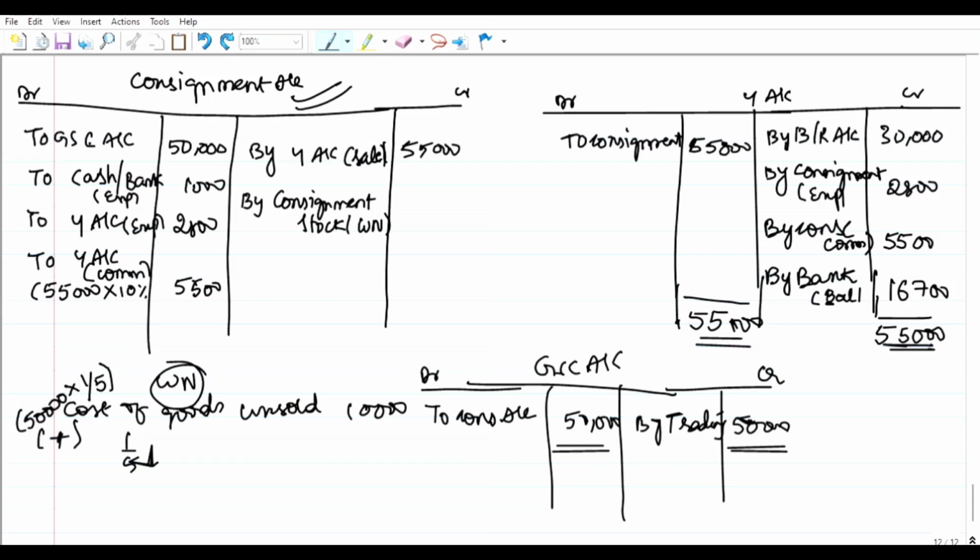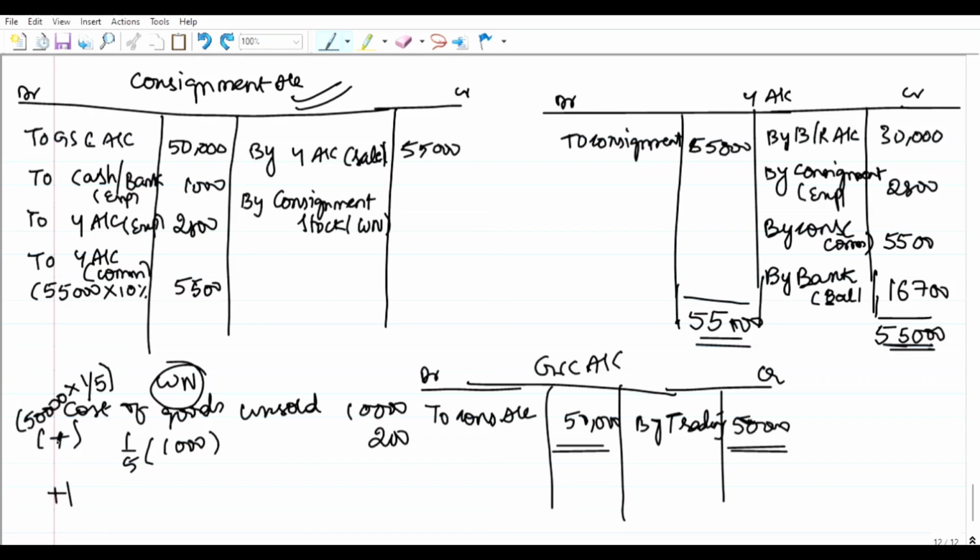Plus proportionate non-recurring expenses of the consignee, that we can find out here. Let us see. Okay, what it is here. 500 for cartage and 2,000 on freight.